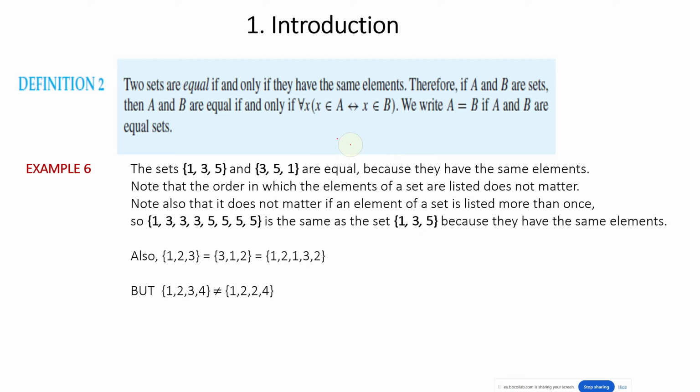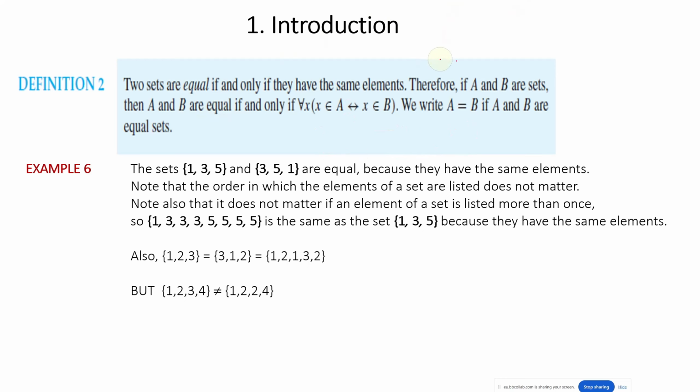Or, to write it more easily, if x is part of A, that means x is going to be part of B, and if x is an element of B, then x is also going to be an element of A. This is the biconditional that works in both ways.